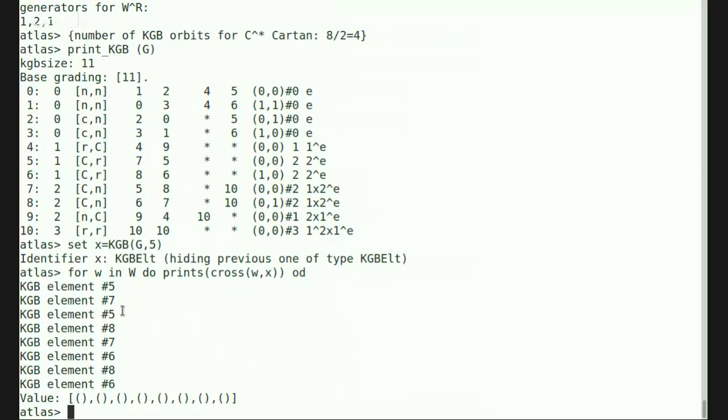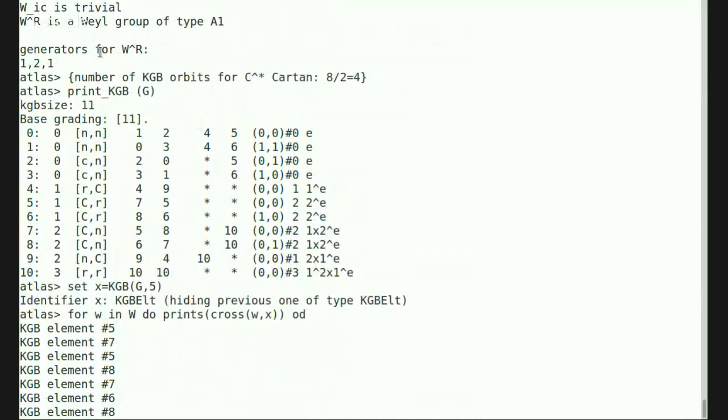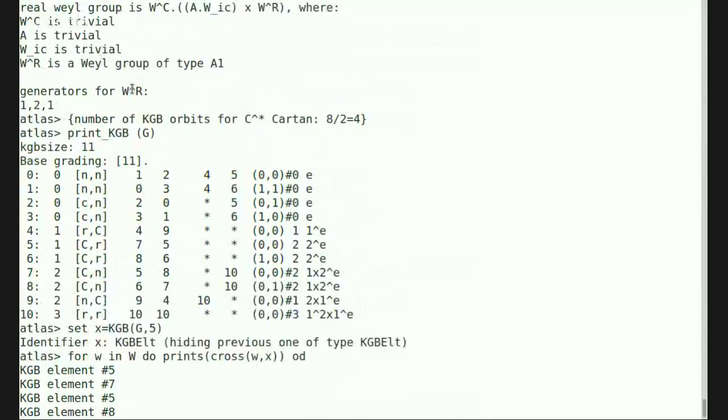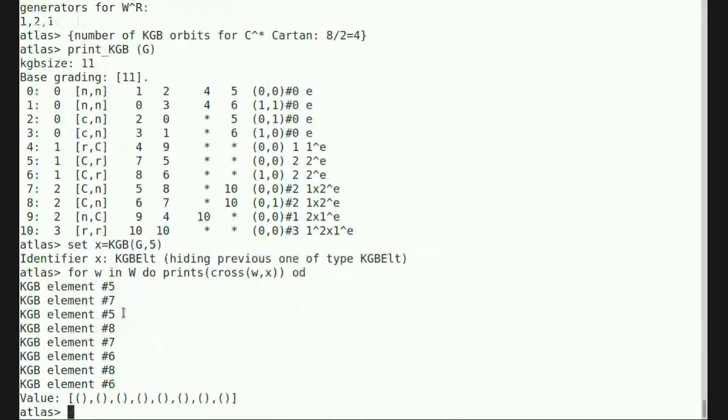So the order of the Weil group here is 2, and so the number of KGB elements is 4: elements 5, 6, 7, and 8.